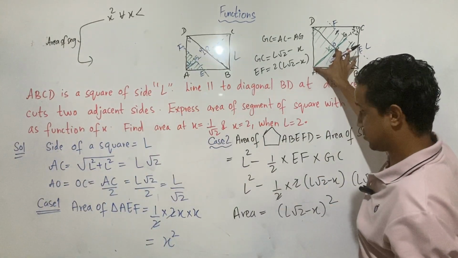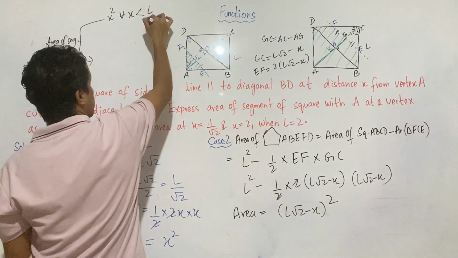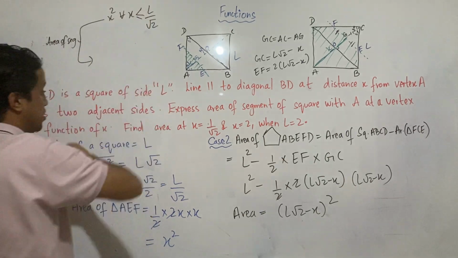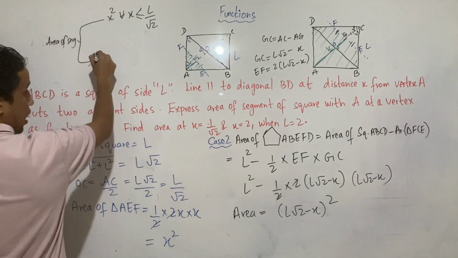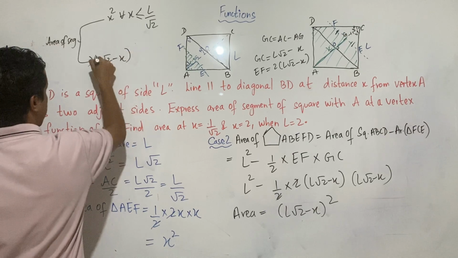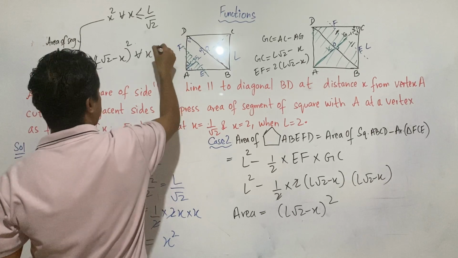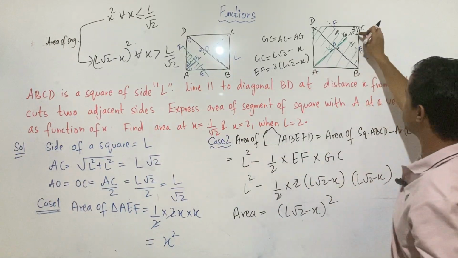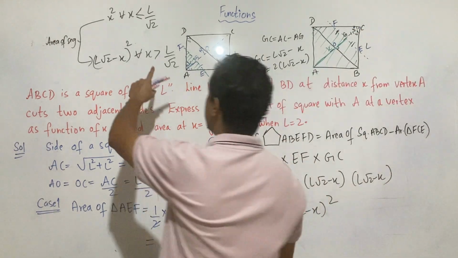AO means this, L by root 2. And it's going to be this one, (L root 2 minus X) square, for all x greater than L by root 2. Why? Because if x is greater than this, then this line must fall in this region, right? So here, see here, piecewise function.